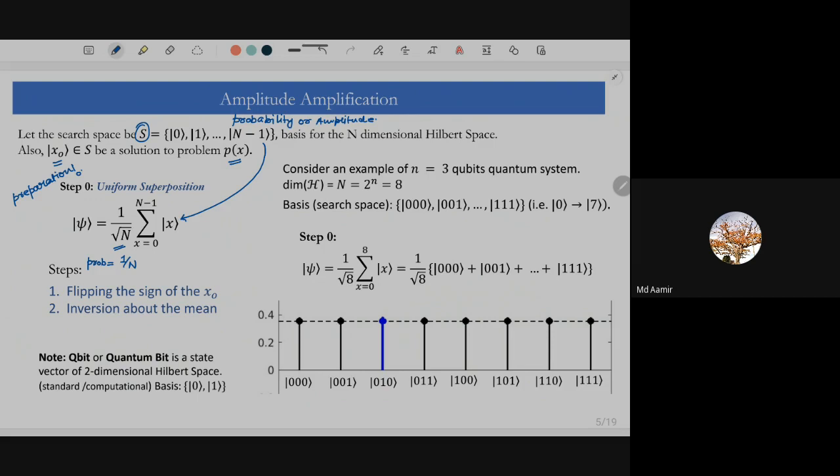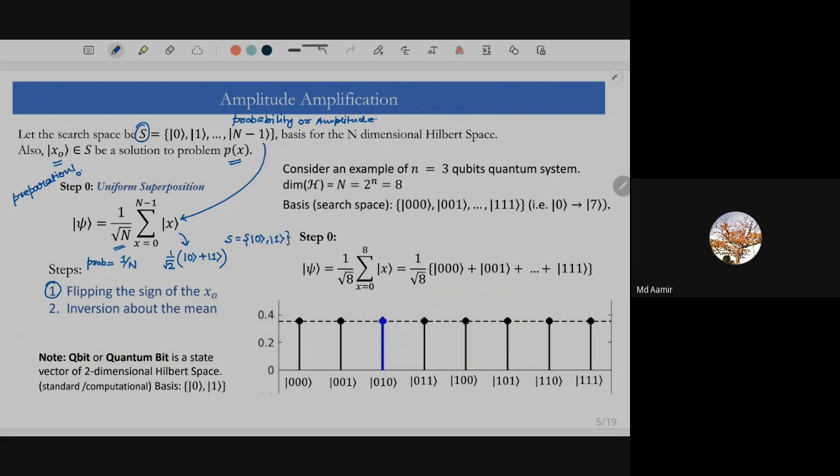Now after step 0, we have two main steps that are part of this amplitude amplification. The first one is flipping the sign of x naught. Flipping the sign of x naught means, for example, we have 1 by root 2 times (0 plus 1). This is the uniform superposition of S equals 0, 1.